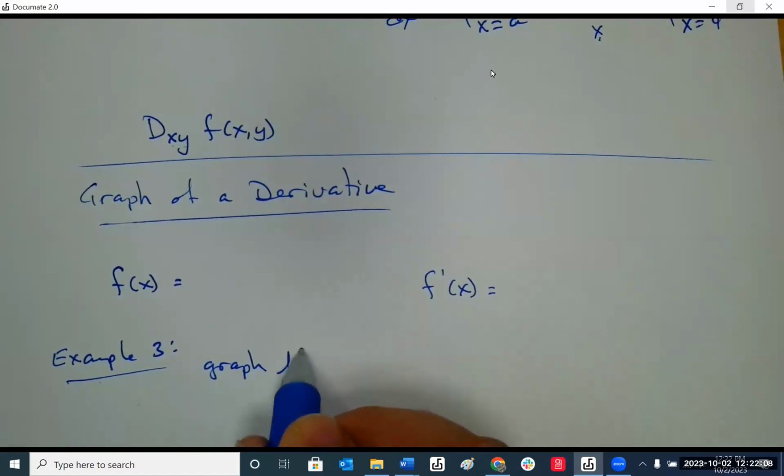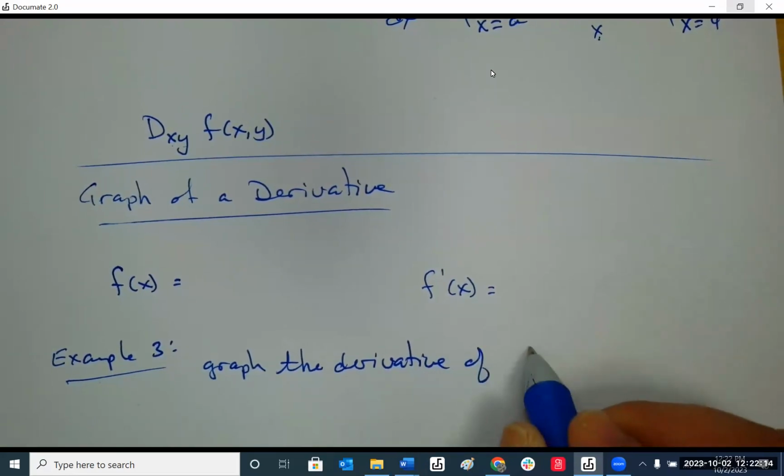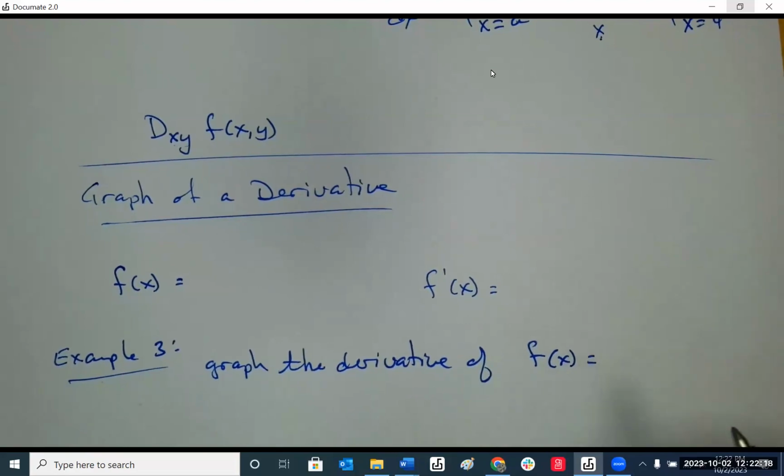Graph the derivative of f of x equals, what was that function?